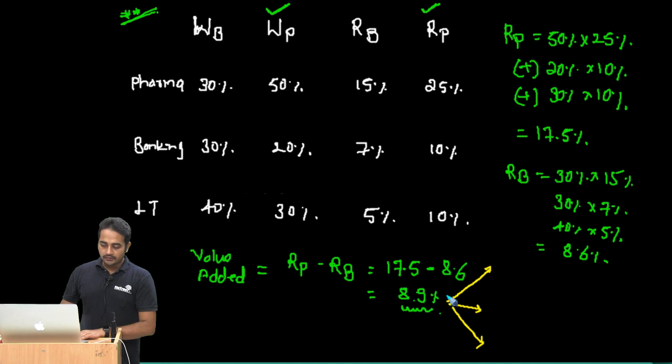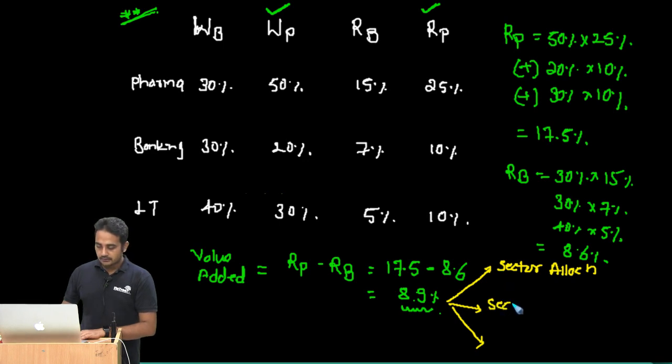So some part of that 8.9 has come because of the asset allocation or sector allocation. So sector allocation is that we invested more into pharma but less into banking and IT. So maybe that sector allocation has contributed to additional return.